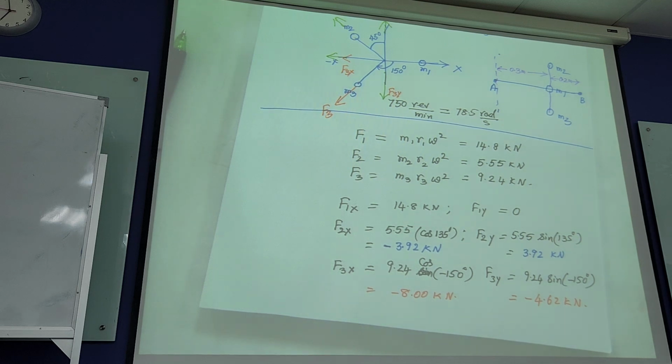Alright, so now we have the force components along x and along y.